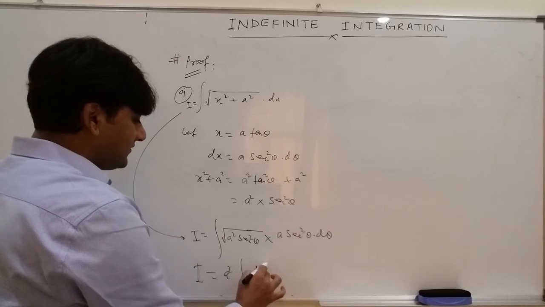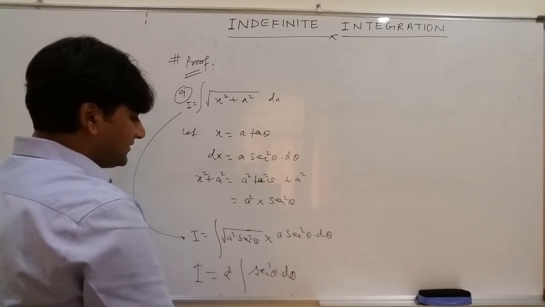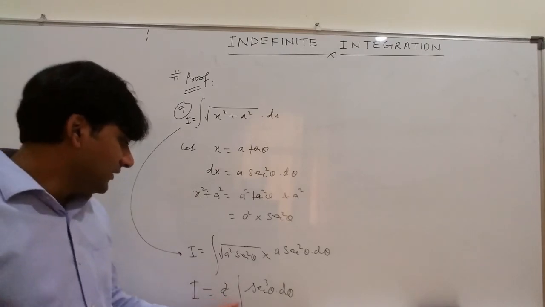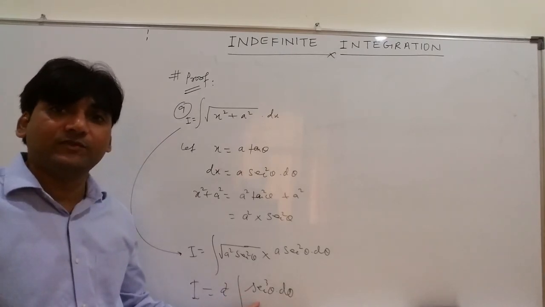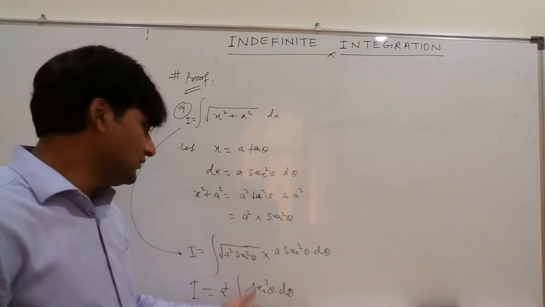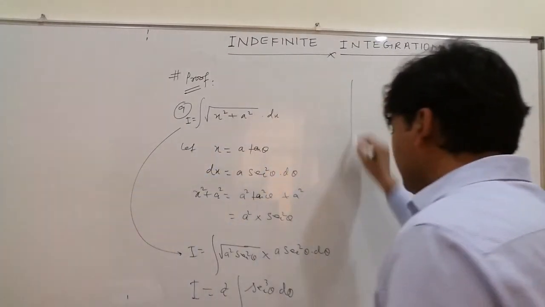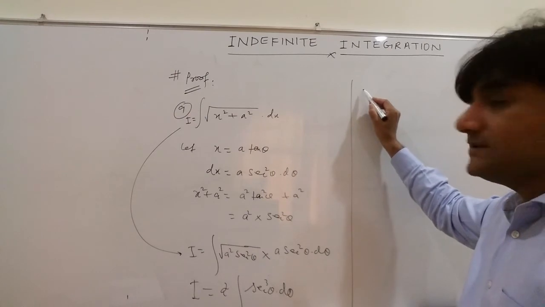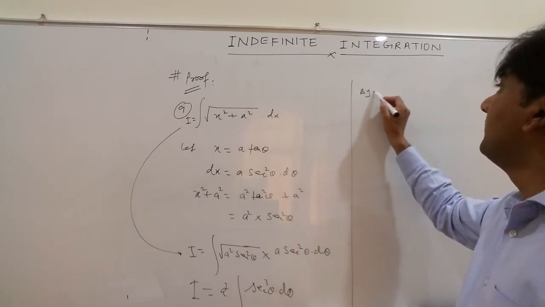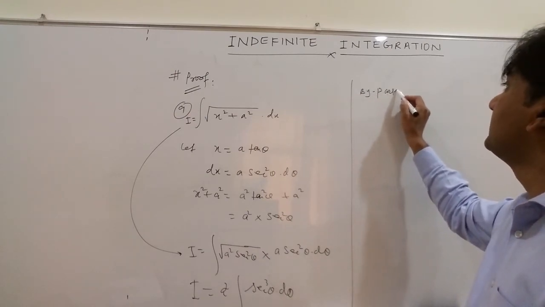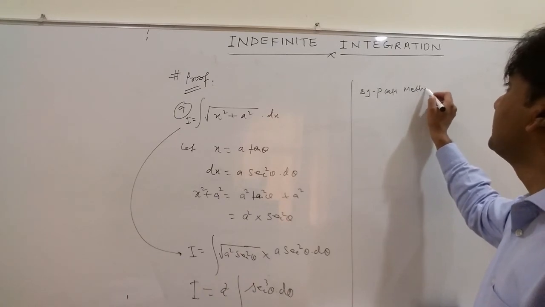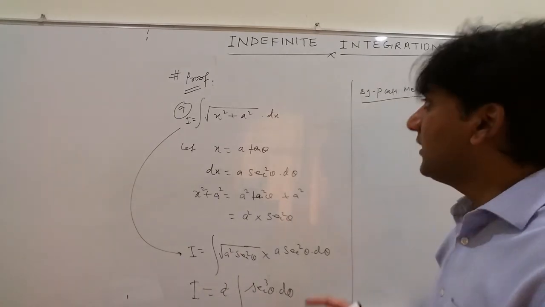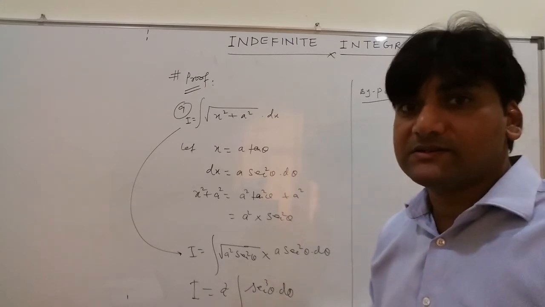So total I got sec cube theta d theta. Now the point is how to integrate sec cube theta, right? So sec cube theta will be integrated by one method that is called the by parts method, which I will explain in the next class, because right now I have not explained the by parts method.